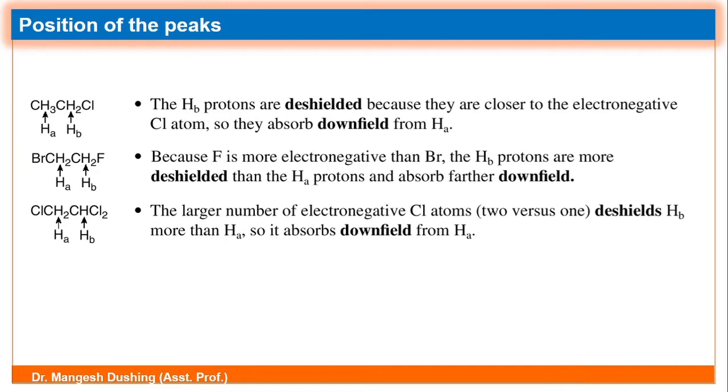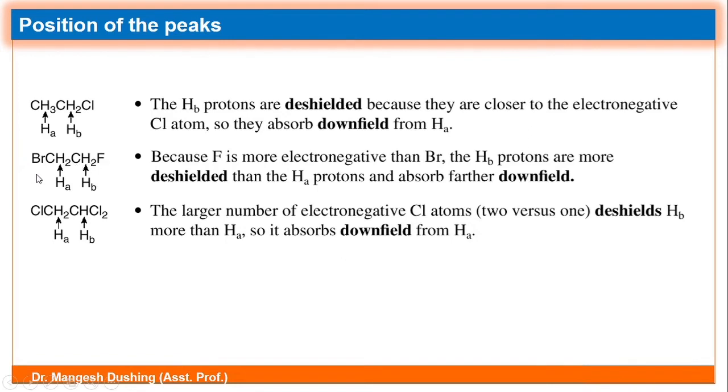Suppose a second example, BrCH2CH2F, that is bromofluoroethane. Now in this case also there are two types of protons, Ha and Hb. It will give you two peaks in the spectrum. But fluorine is more electronegative than bromine.